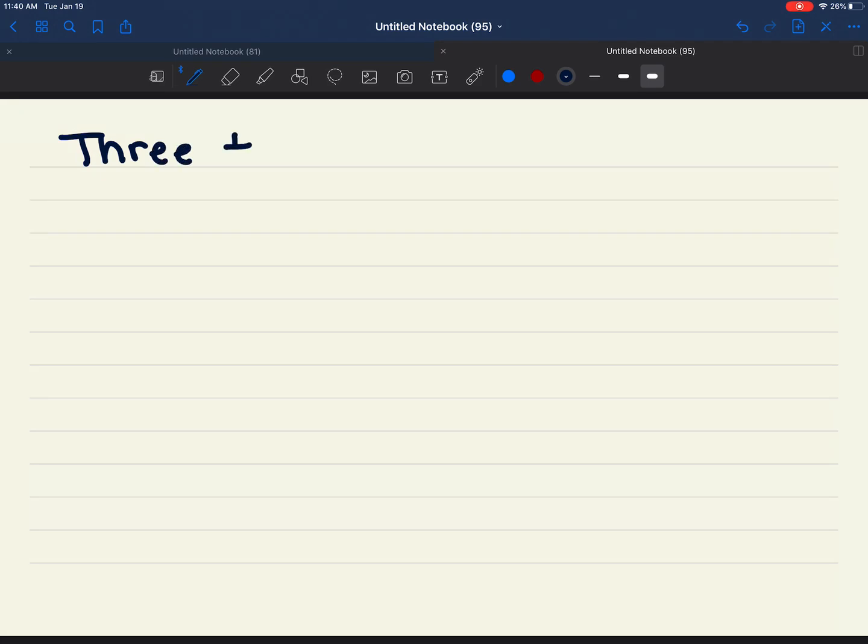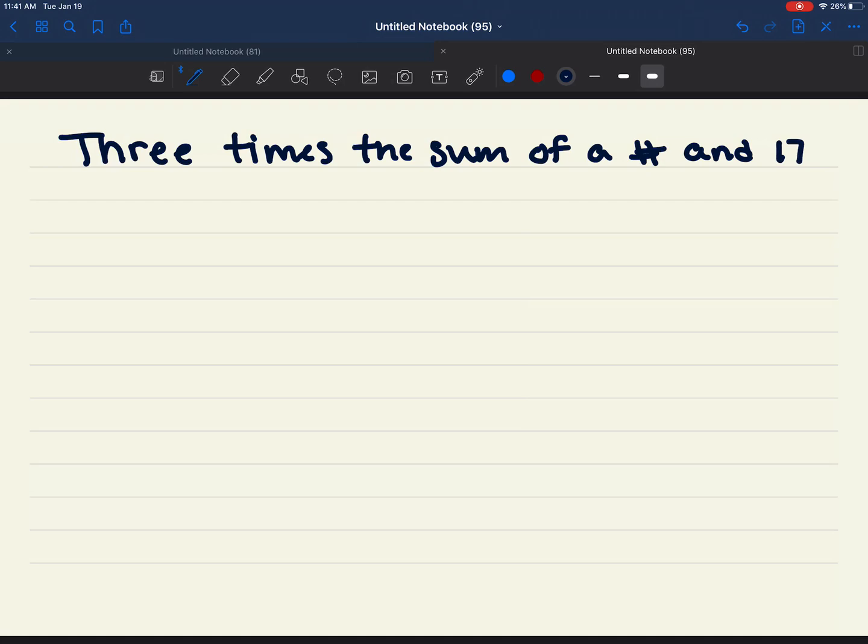The first thing you have to do is just translate this into an inequality. You don't even have to solve. We're going to do 3 times the sum of a number and 17 is at least negative 19.